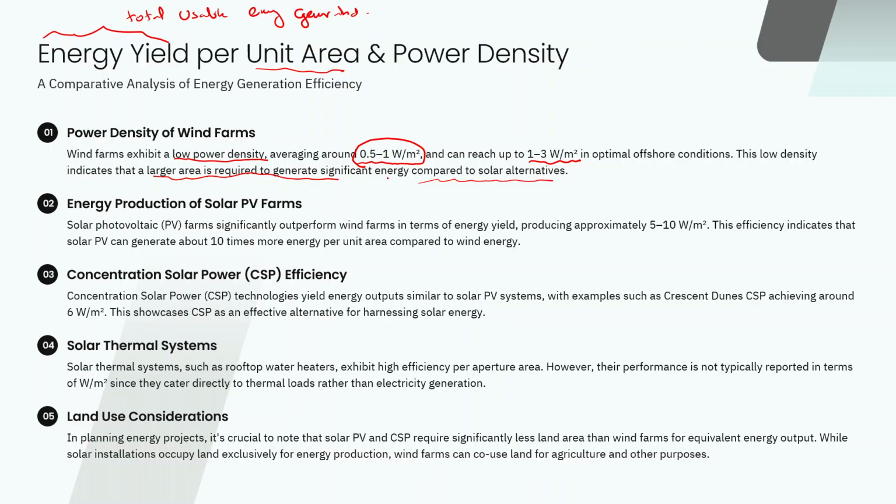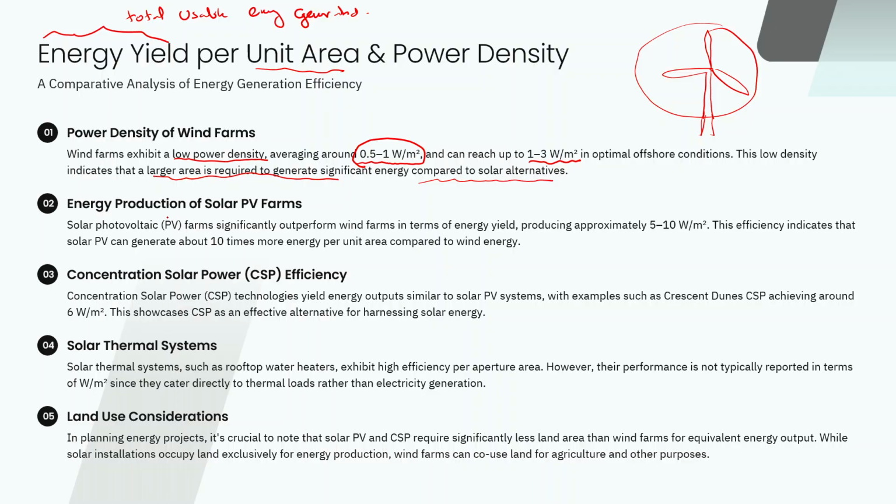You can imagine this without any trouble, because a wind turbine covers a very large area, right? So the power generated per area is very small compared to PV. With PV you need a very small area to generate the same power, as we indicated here.